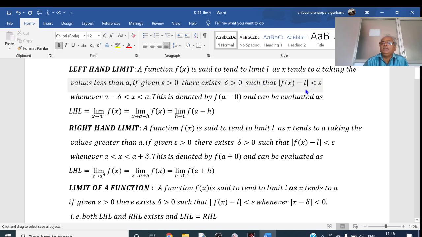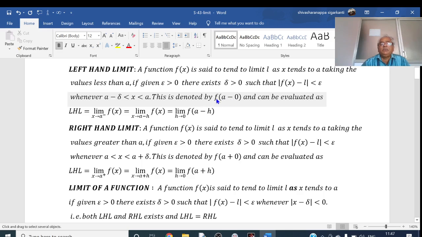The meaning of this is f of x is very close to L. The difference between f of x and L is less than whatever I have chosen. Corresponding to this, there is some delta such that x lies between A minus delta and A, because here we are on the left hand side limit. Left hand limit means x takes the values less than A and is approaching to A, and this is denoted by f of A minus 0.